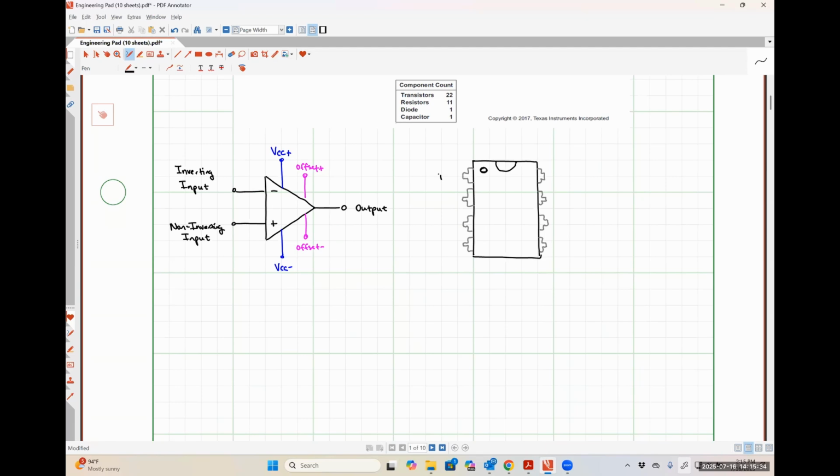So pin 1 is here, then we go 2, 3, 4, come over here, 5, 6, 7, and 8, like so. And then depending on what company designed the op amps, the internal structure differs. You can't say pin 1 is always going to be the inverting input and pin 8 is always going to be the output. It depends on who made the op amp, and all that kind of stuff is usually included on the data sheet for the actual device.